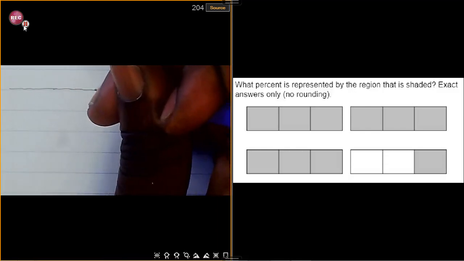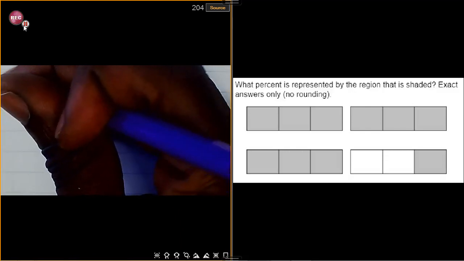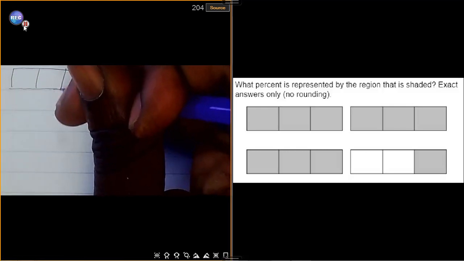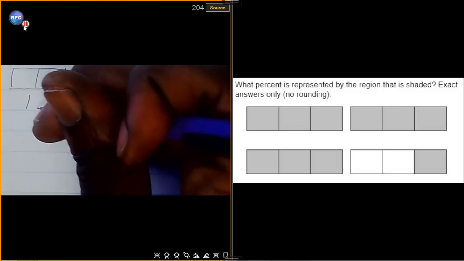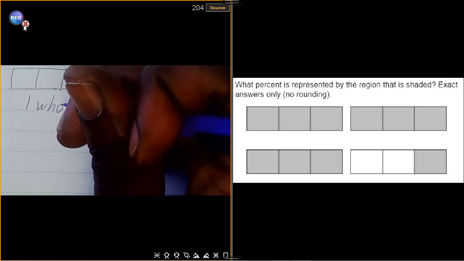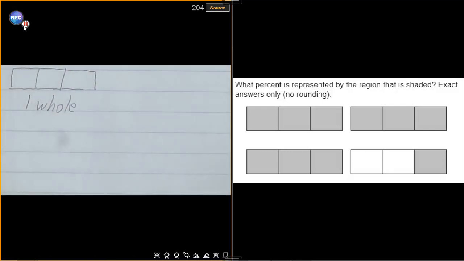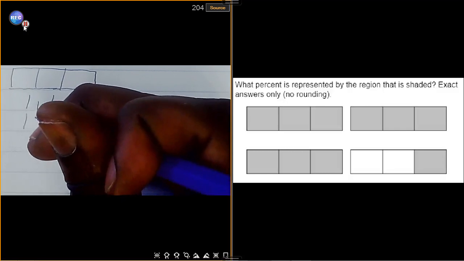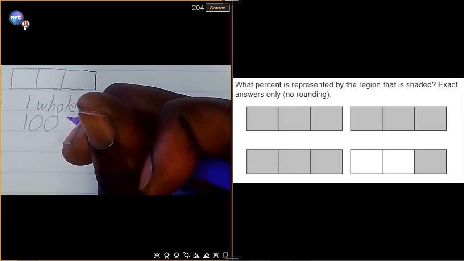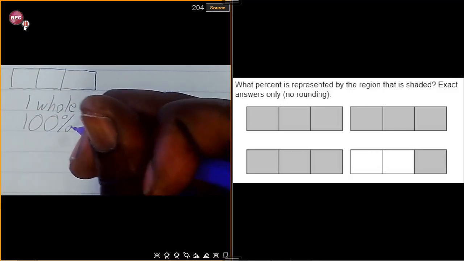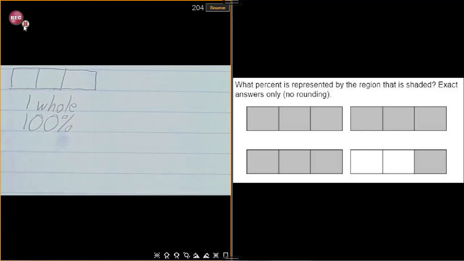Each shape represents one whole, or in this case, 100%. And again, that's each shape that is completely shaded.